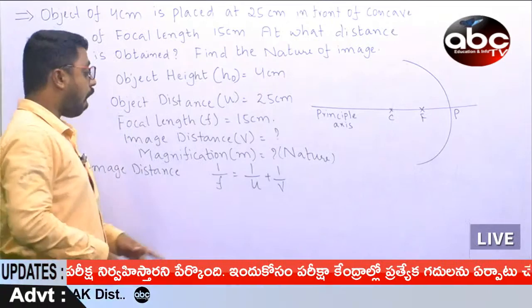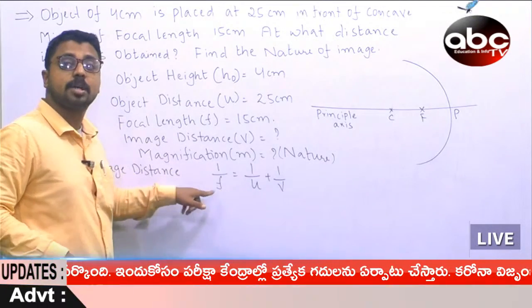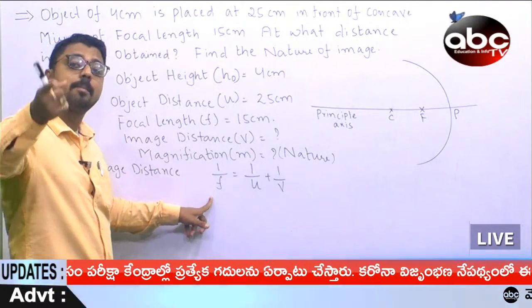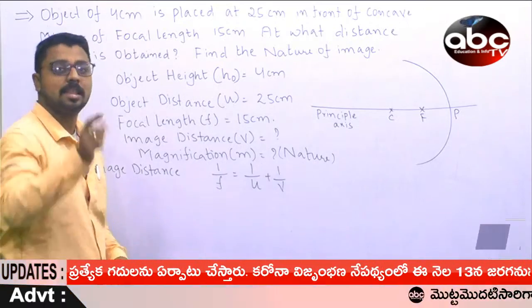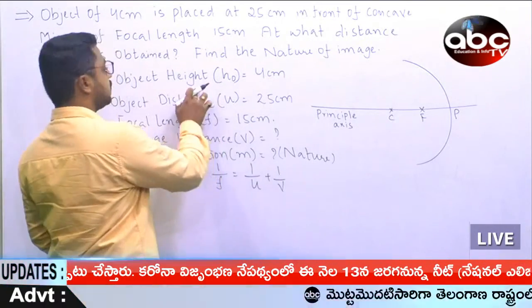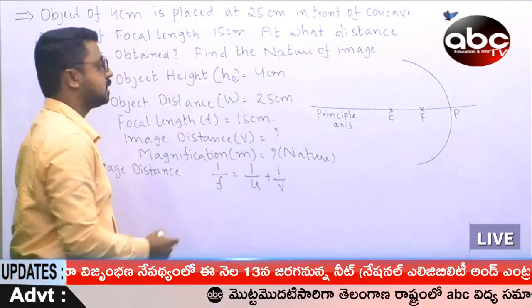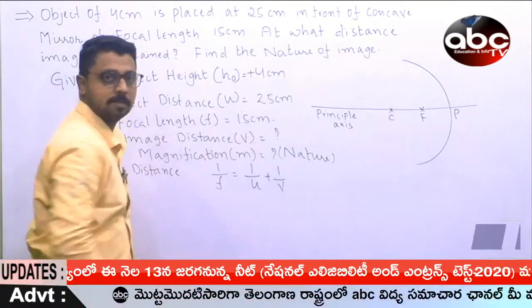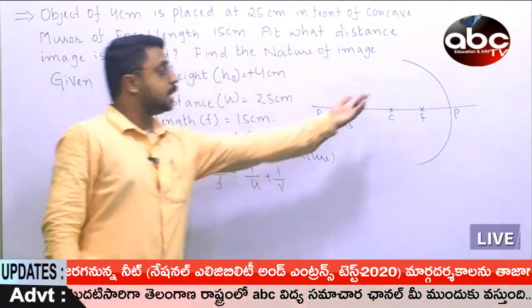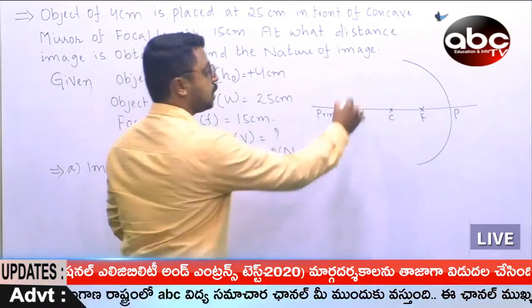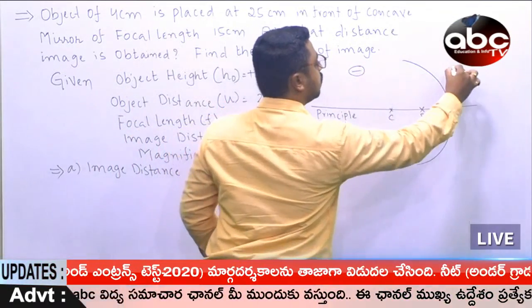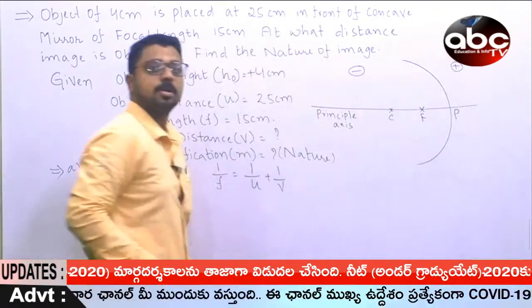So what are the values to be substituted here? We have to substitute the values after applying sign conventions. What is given? Height of object is above the axis, therefore it is plus. The object distance is in front of the mirror, so this side is negative and this side we can expect as positive.